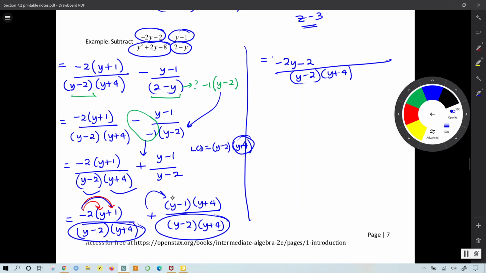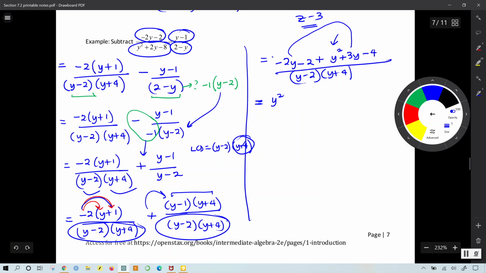So what will be the product of y minus 1 times y plus 4? That will be y squared plus 3y minus 4. So this will lead to y squared, and then negative 2y plus 3y is positive y.